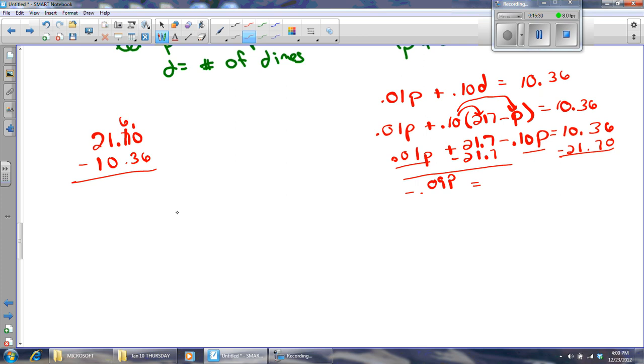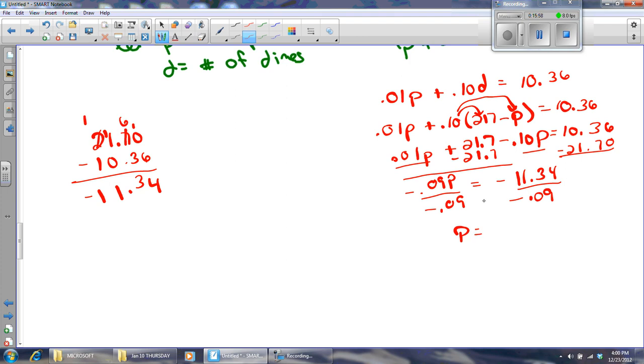So I'm going to get a 4, a 3, gonna have to borrow there. Oh no, I don't need to borrow, silly me. A 1 and a 1. So my answer is going to be a negative 11.34.